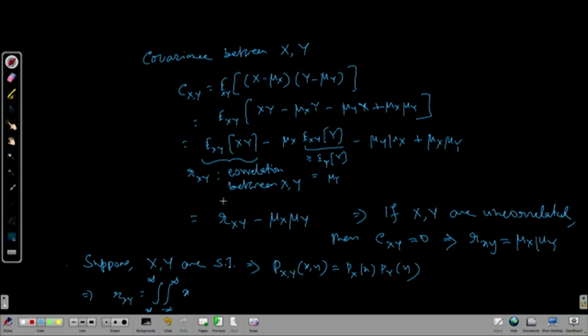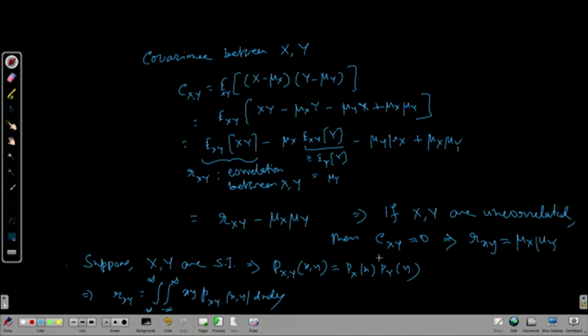Capital X takes values small x, capital Y takes values small y, into the joint density, dx dy. There is a general formula. This is a function of two variables, which is the product itself multiplied by the joint density, double integral.